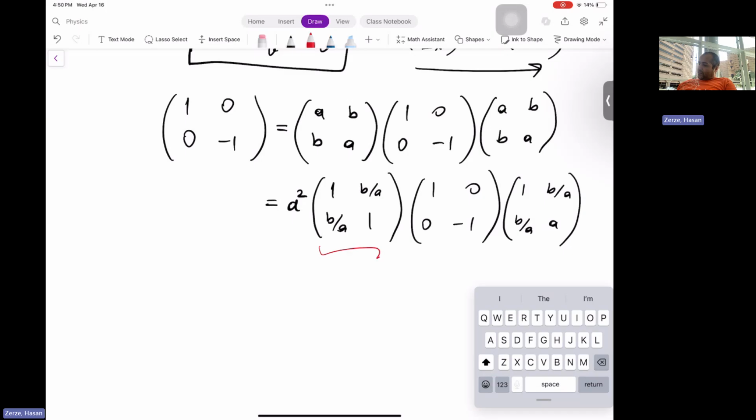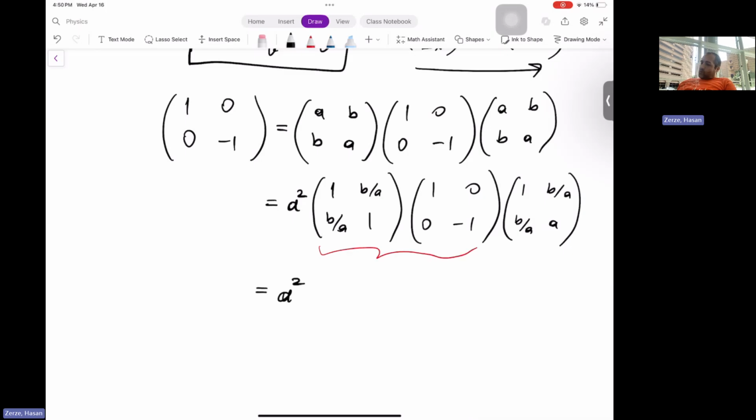So let's see what I can get. A squared, 1 times 1 is 1, B over A times 0 is 0, so you get 1 here, and then you get minus B over A here, and then you get B over A here, and then you get minus 1 here. Okay, times 1, B over A, B over A, 1.